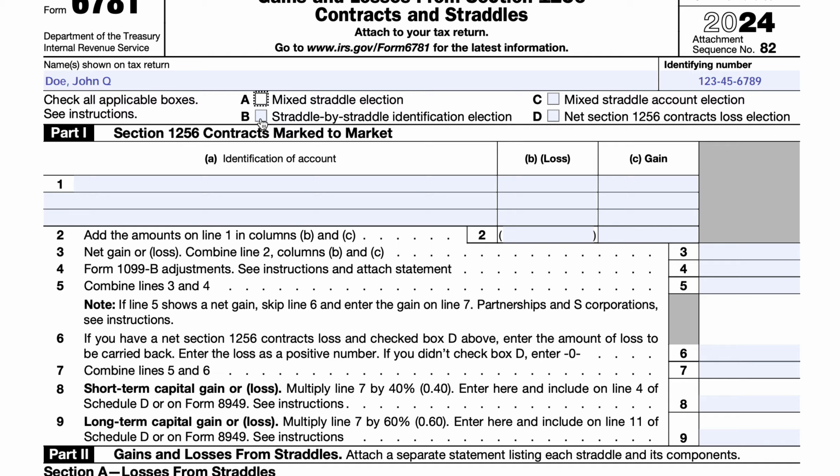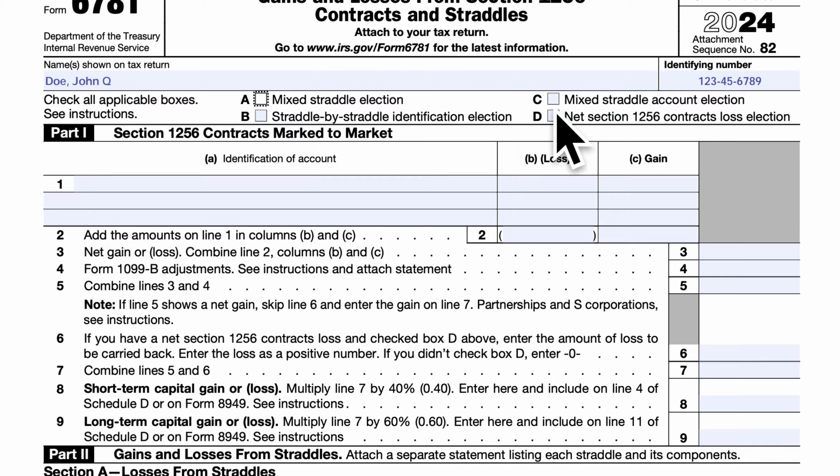And if that net gain or loss is due to a net non-Section 1256 position, then the net gain or loss is treated as either short-term capital gain or loss. You would enter that directly onto IRS Form 8949, and then you would identify the election from there. If the net gain or loss is attributable to the Section 1256 position, you would enter that on Part 1, you identify the election, and then proceed accordingly.